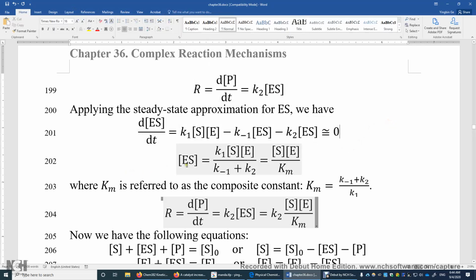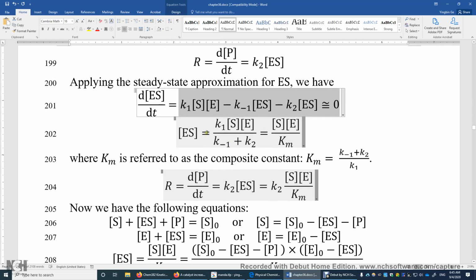And then we have the expression for ES by looking at this algebraic equation. So ES is equal to k1 times S times E divided by k minus 1 plus k2. And this looks complicated, so we define a composite constant, this uppercase K sub M, as k minus 1 plus k2 divided by k1.